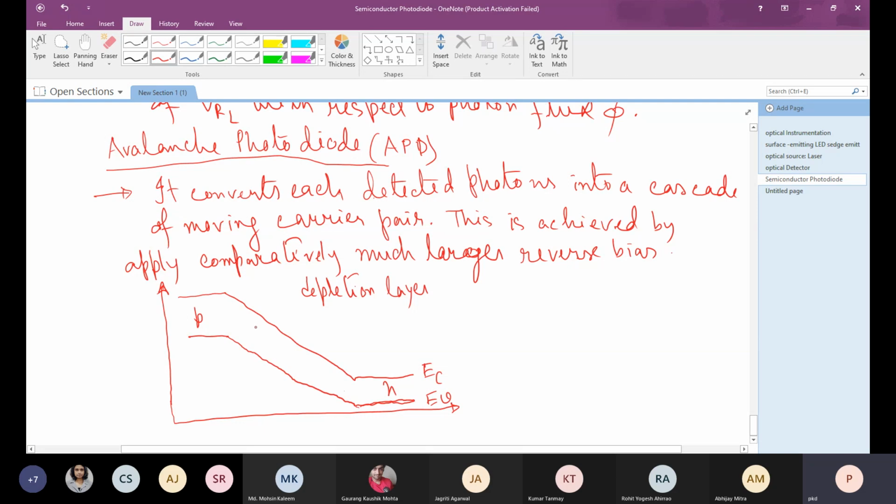And now if a photon liberates a pair of carriers, electron and hole pair, because of the reverse bias, holes will be accelerated towards the P zone and electrons will be accelerated towards the N zone.